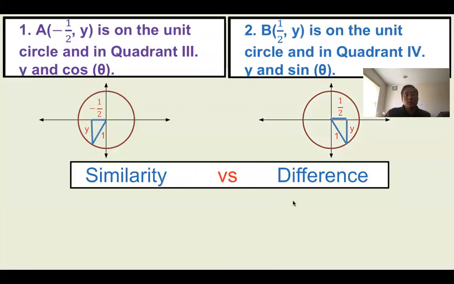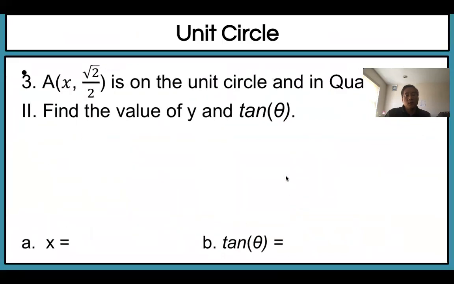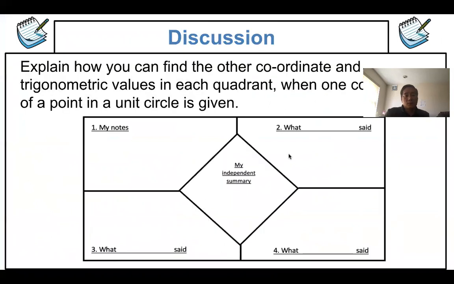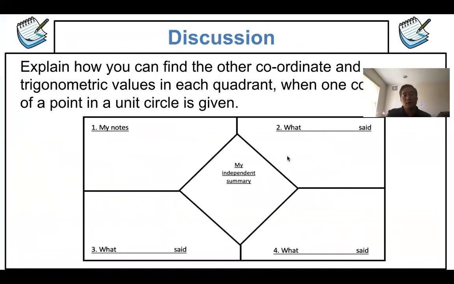And if you look at the questions today in the packet, how many questions are there? You might have 4 questions. So please finish all of them and go down. You will see the exit ticket.